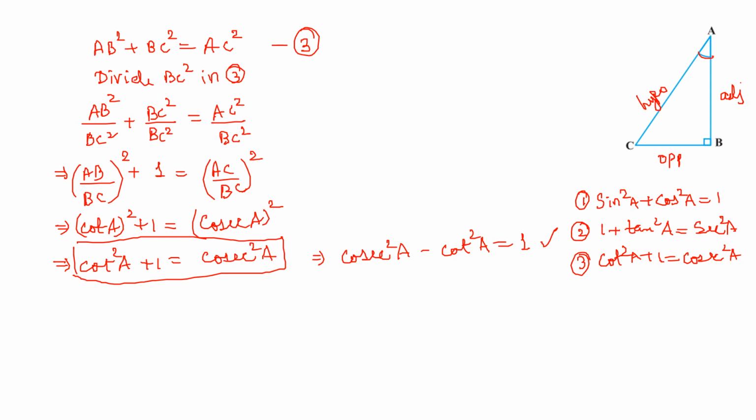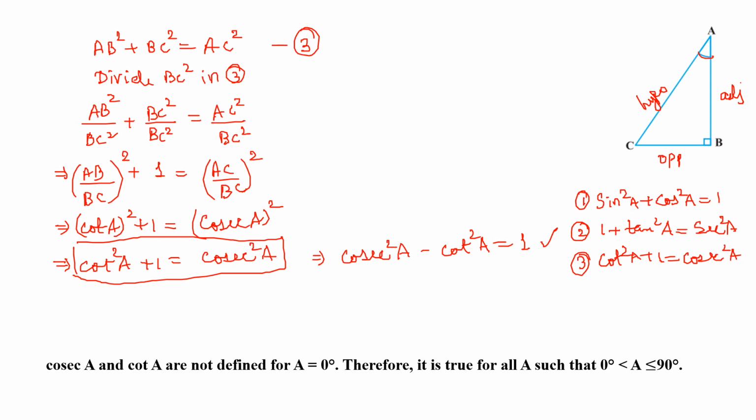And for this third identity, we know that for A equal to 0, cot A and cosec A are not defined. Therefore, it is true for all A such that it lies in this range, where 0 is not included and 90 degrees is included. Okay, so you have to remember this also.